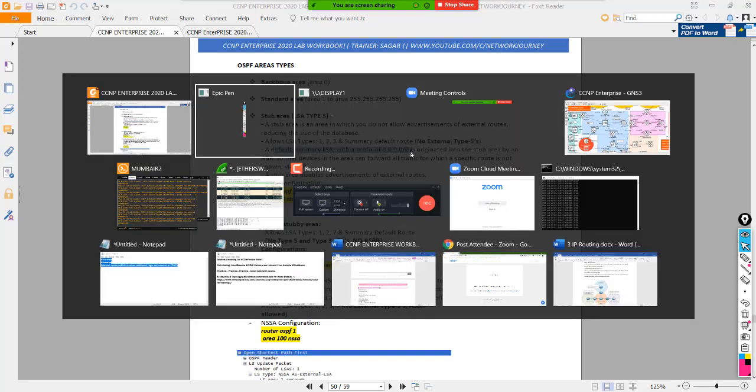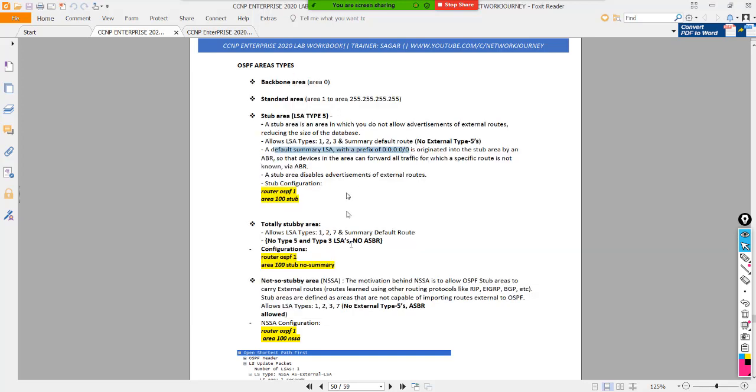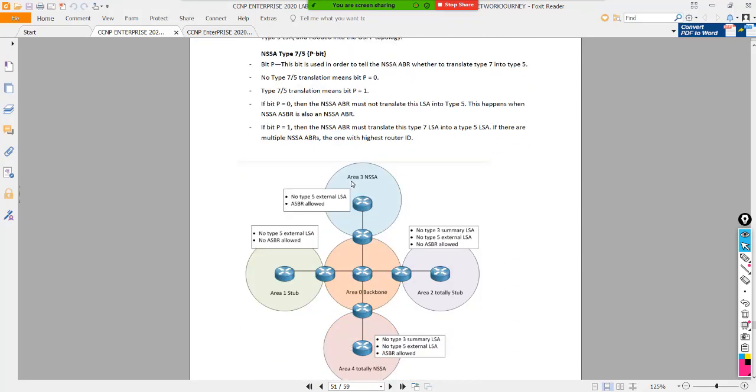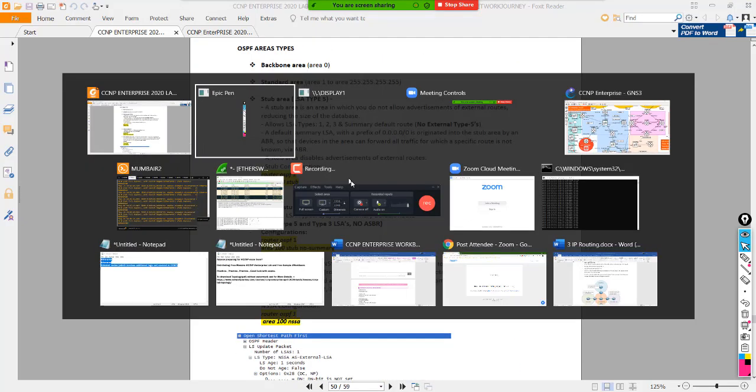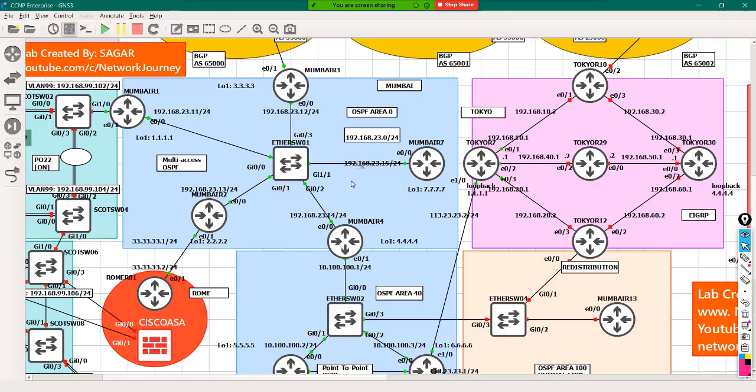Okay, so I can show that. Let me complete this and then it will be easier for me. Okay, one second, I'll better show it. So let's go to this lab topology. Let me tell you what all I have done first.